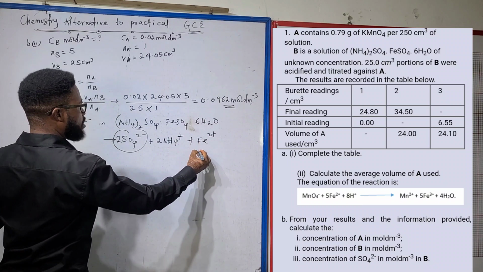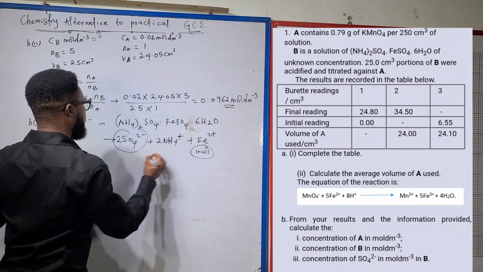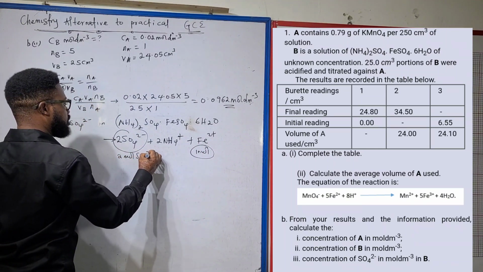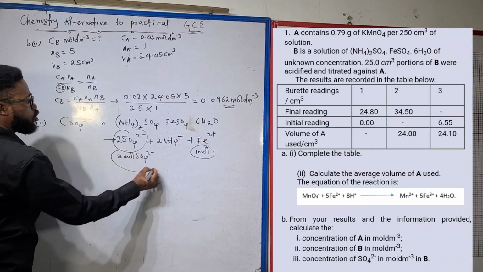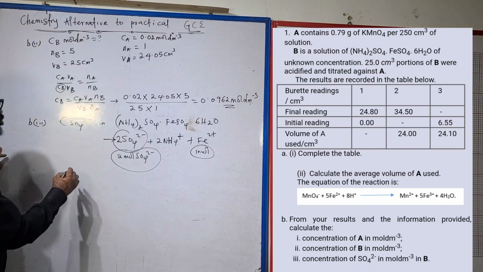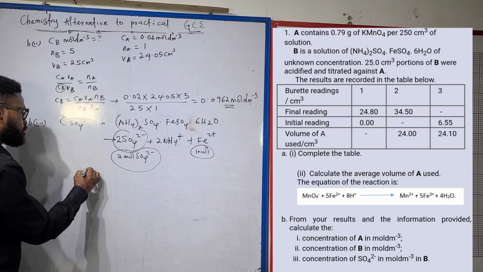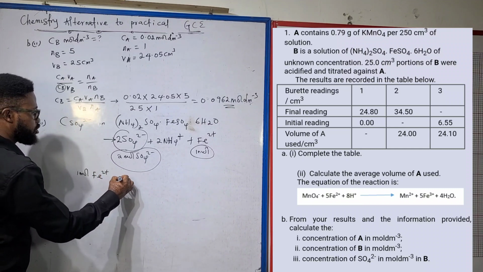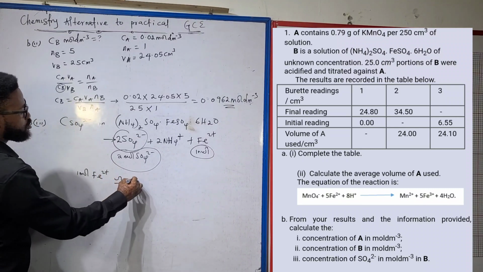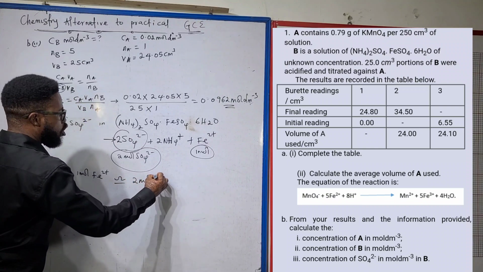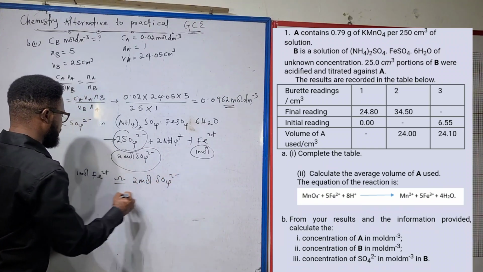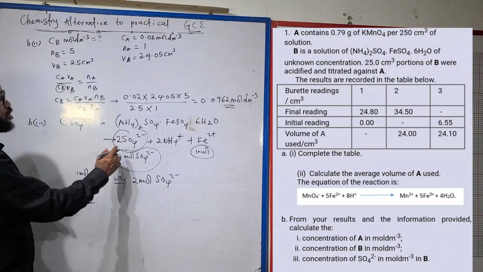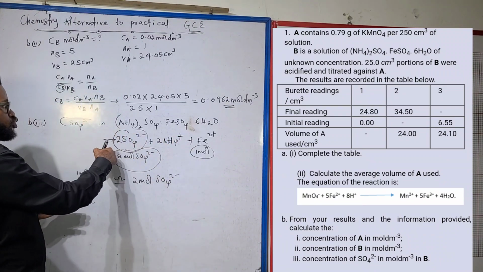So you're looking at 1 mole of iron here, and 2 moles of sulfate ion here. This is purely stoichiometric. So I'll be saying 1 mole of iron 2 ion is stoichiometrically equivalent to 2 moles of sulfate ion. So I am saying 1 to 2, from the equation.